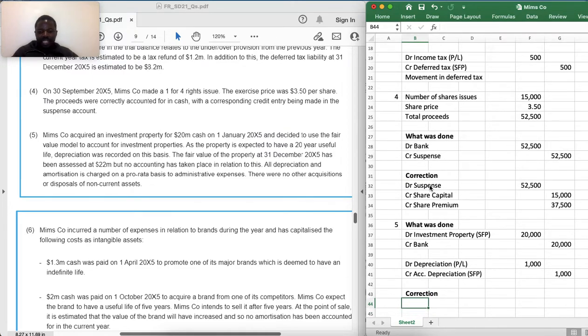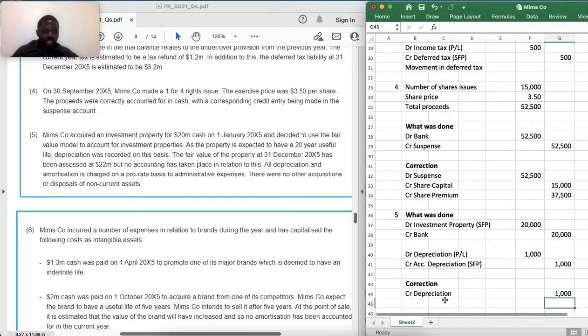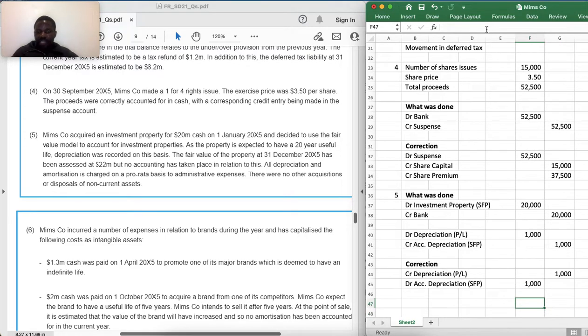If we need to correct that, we need to credit depreciation in the statement of profit or loss, and debit accumulated depreciation in the statement of financial position, like that. Let's continue with the note.